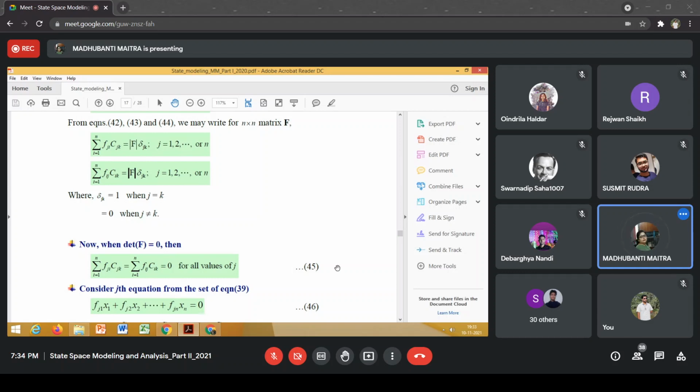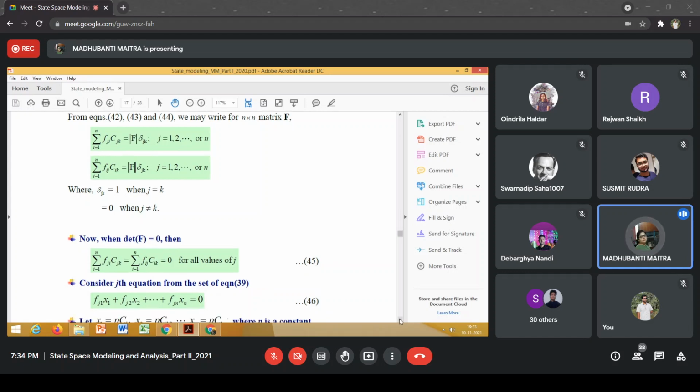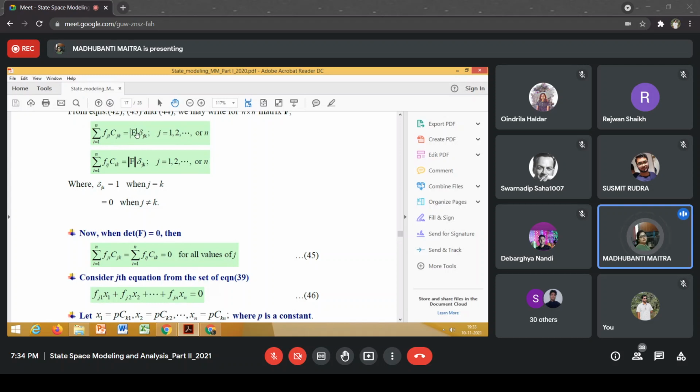Right? Now, if the determinant itself, if determinant F itself is 0, that means F is a singular matrix. So when determinant F is equal to 0, then the summation will be equal to 0 for all values of k.